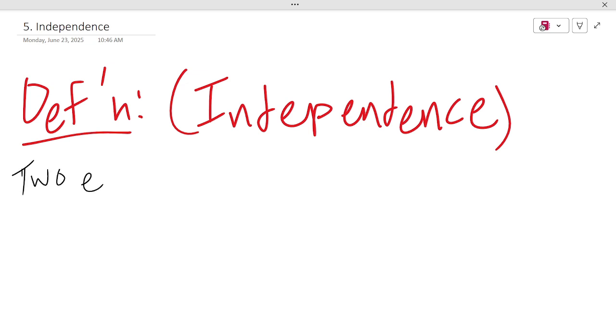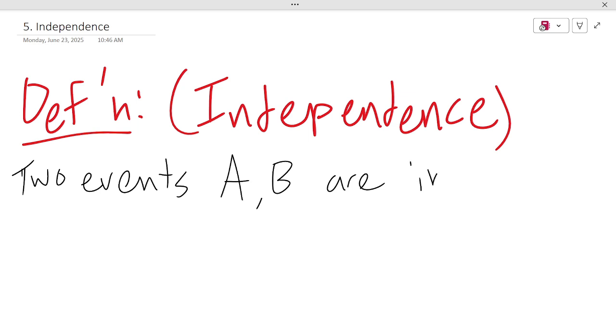Okay, so we say two events, A and B, are independent, they're independent events specifically if one thing is true.